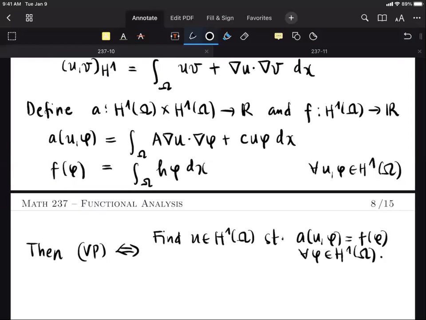So we have written the variational problem in the framework of the Lax-Milgram lemma. To establish existence and uniqueness, it is enough to prove that A and F satisfy the conditions in the Lax-Milgram lemma.